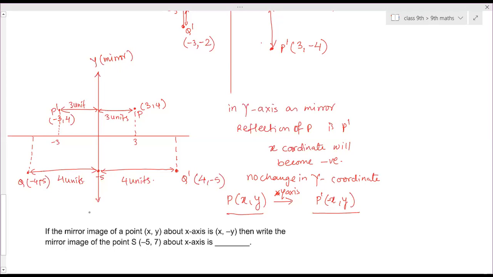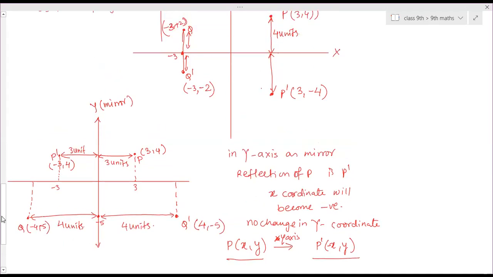Is that clear? And what is happening in the x-axis, with the x-axis as mirror? If P (x, y) is there, what is the reflection? The x-coordinate remains the same and the ordinate will become negative.